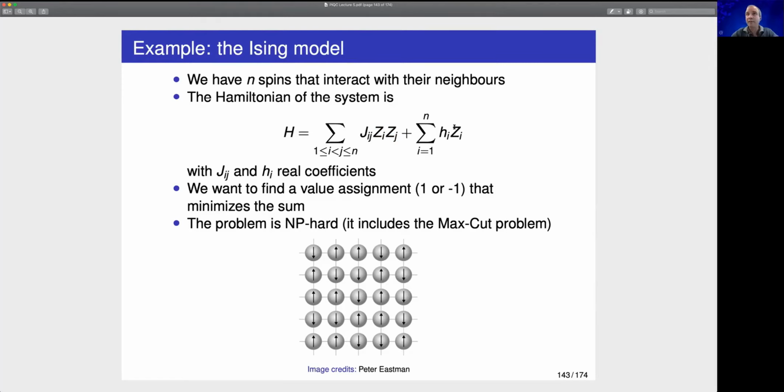And we also have this other term, which only involves the value of the operator on one of the terms, okay?